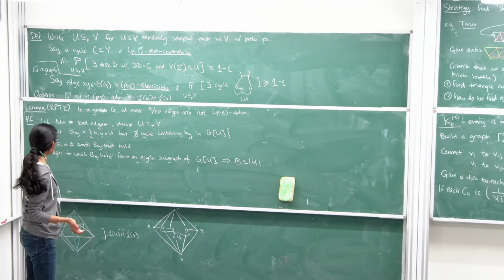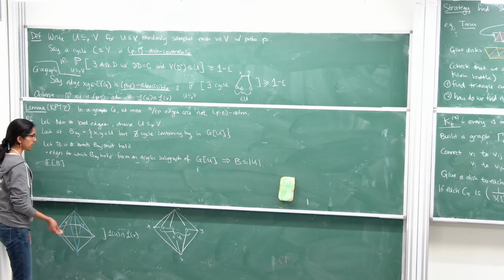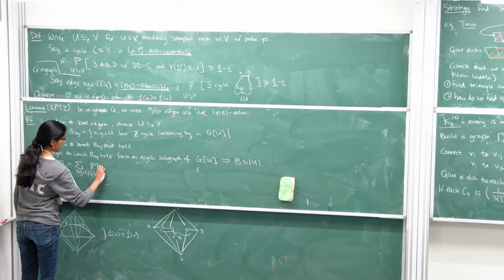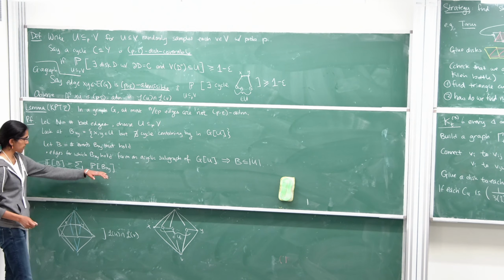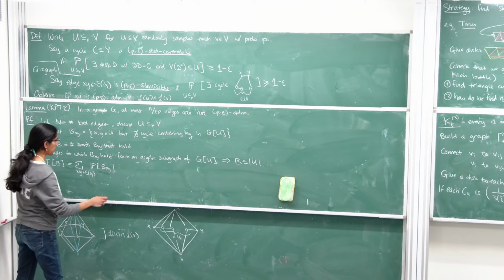So that tells us that this thing is a tree, so B is less than the size of U. But the other thing is that the expected number of bad edges, well, each edge that isn't admissible is going to have this thing hold with probability at least P. And this probability is going to be at least epsilon P squared for each of the bad edges.